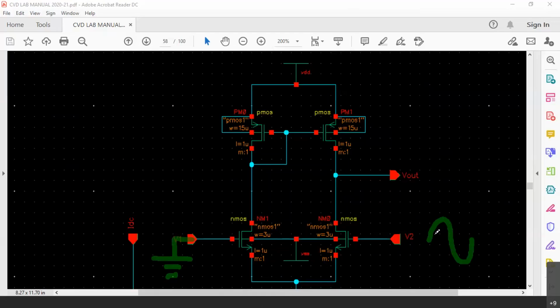Now when we apply the positive cycle, V2 will turn on. When V2 is turning on, let us say this is going to become 0.6 now in the positive cycle. Now at the other end, the other thing will happen. This will become 0.4.